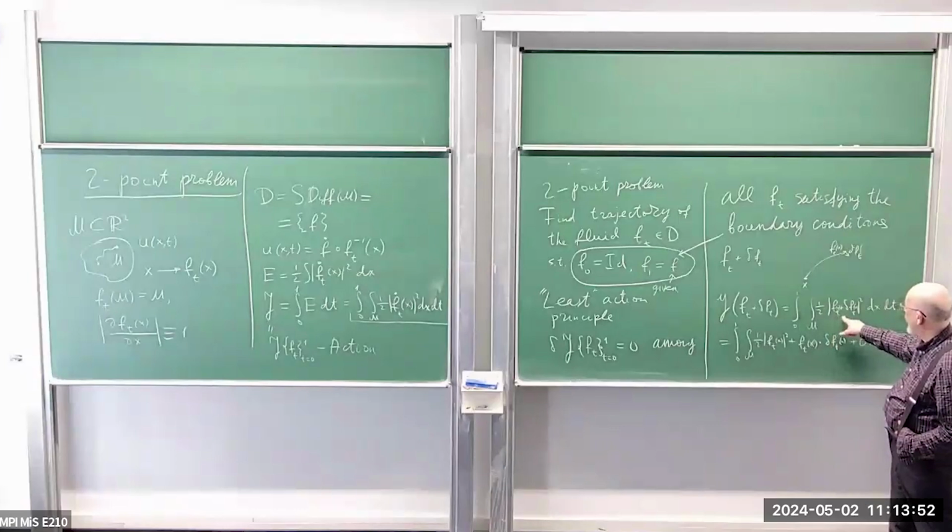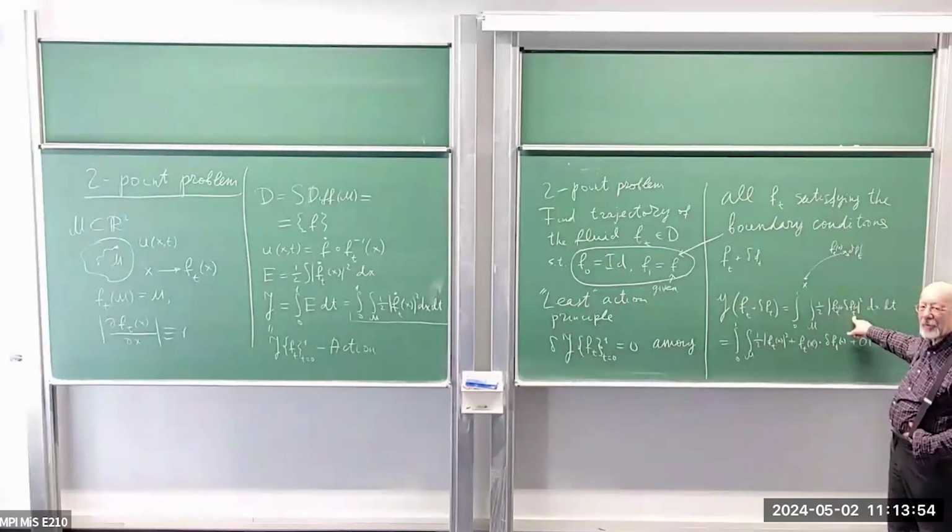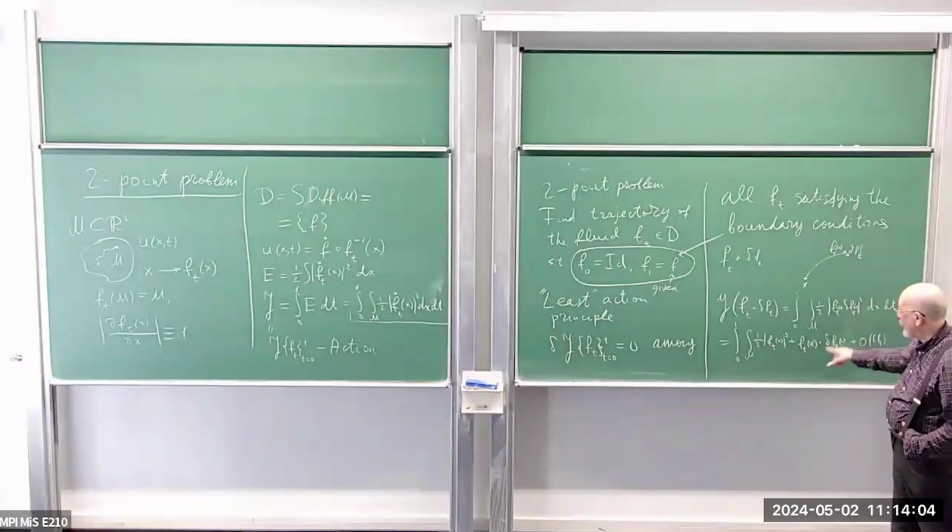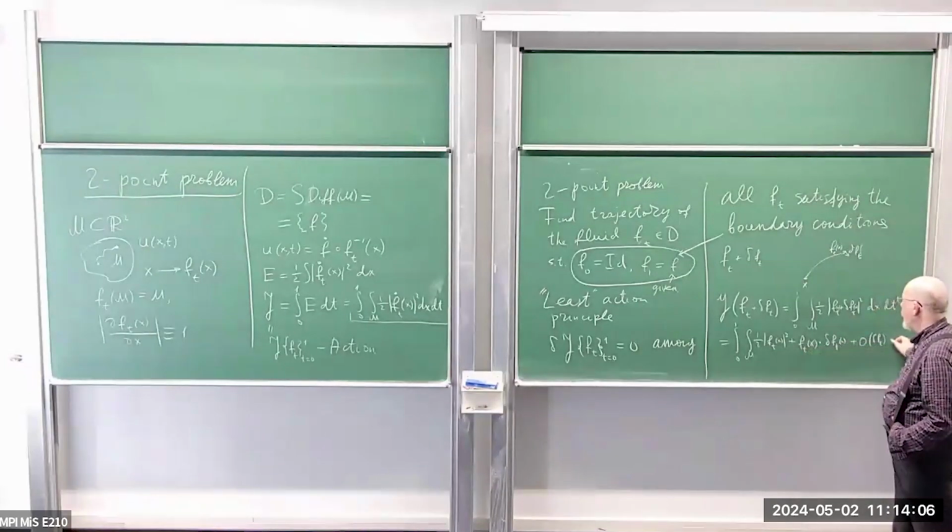The square of this vector, the length of the vector, is the product of the vector with itself. So it has this form.